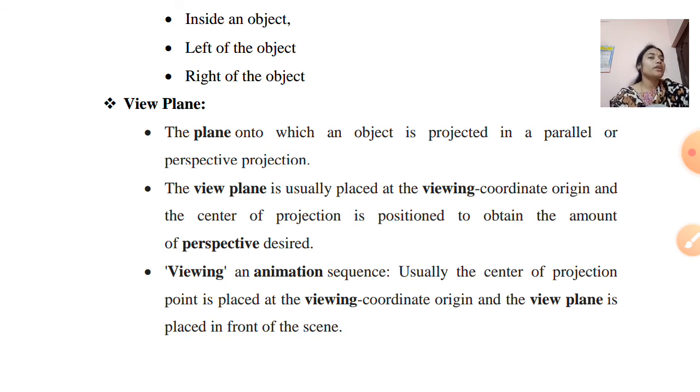The view plane is usually placed at the viewing coordinate origin, and the center of projection is positioned to obtain the amount of perspective desired. From the center point we can analyze the view plane or viewing coordinate origin.